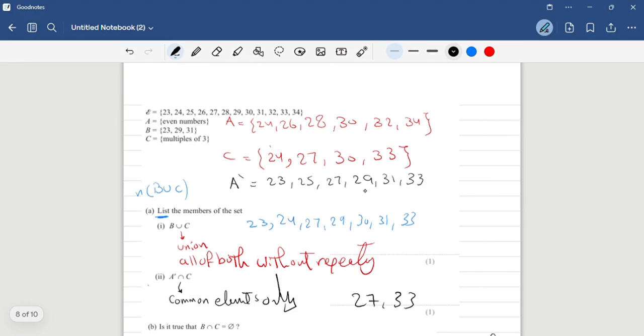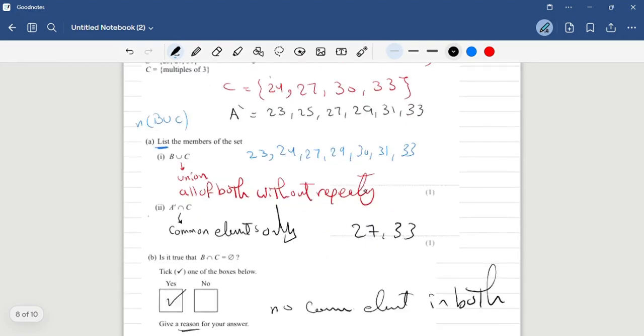Okay? So I have to write down first the meaning of A union C. What is A union C here? It would be like 24, 26, 27, 28, 32, 33, 34. This is A union C.